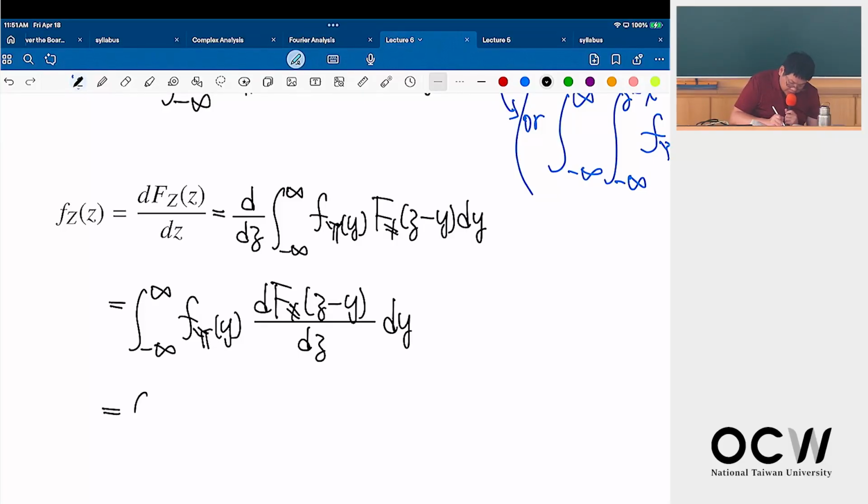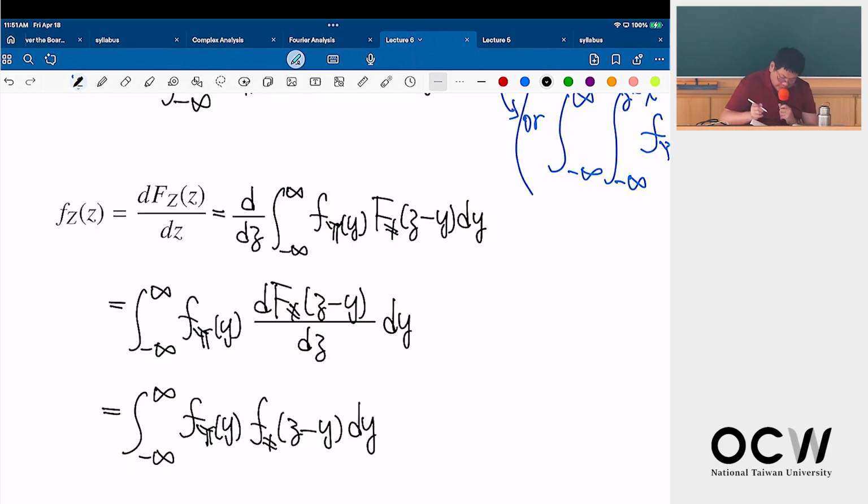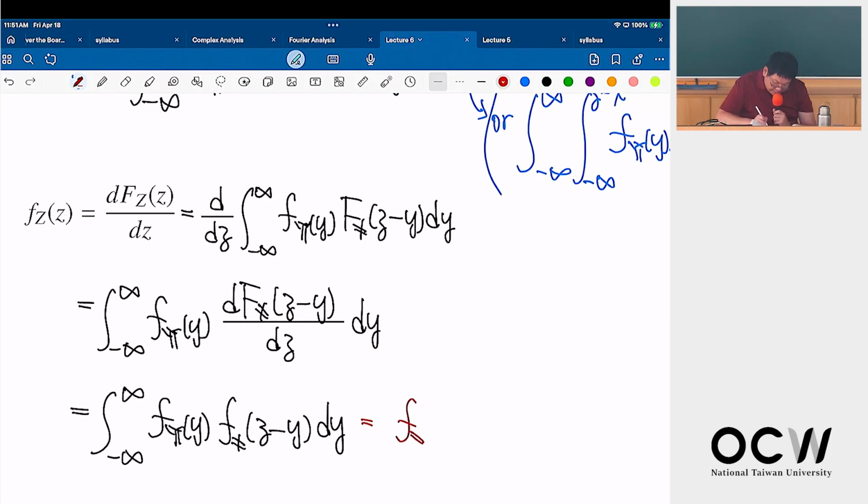So you can see that this is the PDF of y, and here is the PDF of x at z minus y, dy. For this expression, you see that actually this is the convolution of the PDF of x and the PDF of y.